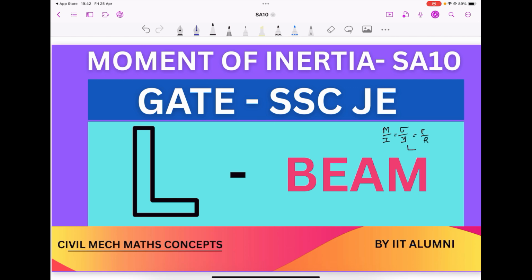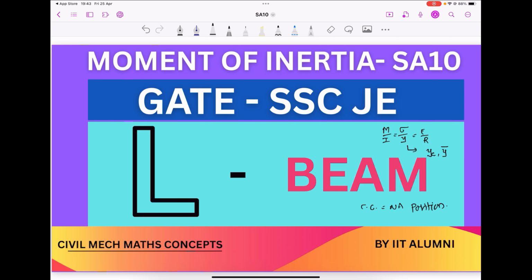For finding this distance from the neutral axis, we have to find the center of gravity, yc or y bar, and from that we find the distance from the neutral axis. Center of gravity position is nothing but neutral axis position, please remember that.